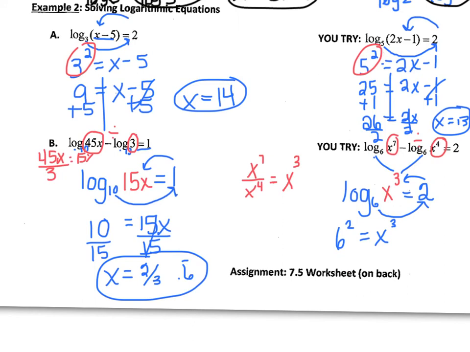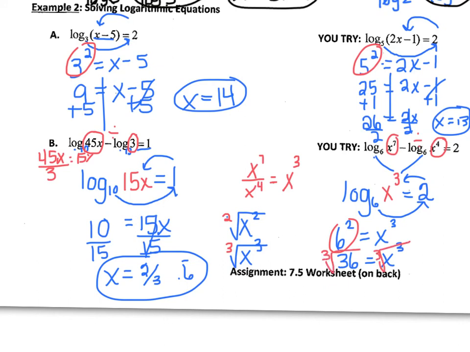So 6 squared, that's what we'll do next, is 36. So 36 equals x to the 3rd. If this was x squared, we would square root it to cancel out the 2. But since it's a cube root, we're not going to square root it. We're going to cube root it. So we're going to do the cube root of both sides.